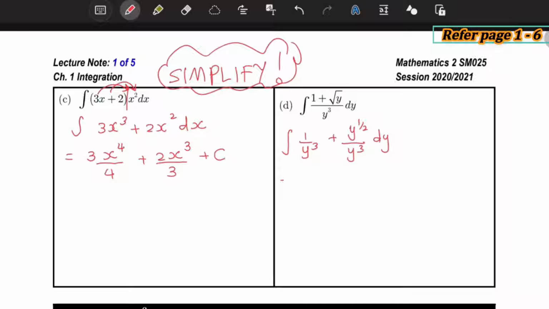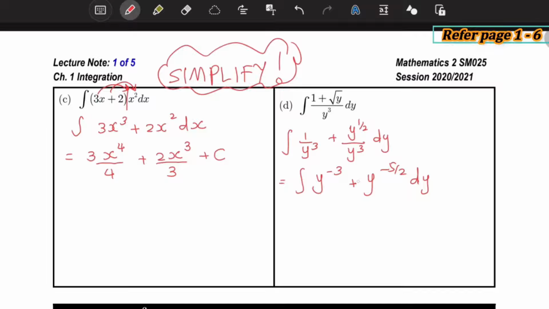And we can write as y power of negative 3, negative index, plus y power of negative 5 over 2 dy.